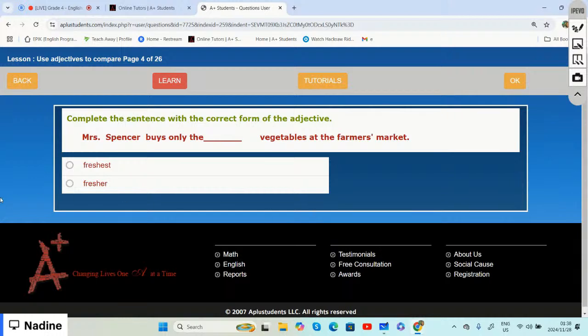All right. And the next one says, Mr. Spencer buys only the freshest vegetables at the farmer's market, or Mr. Spencer buys only the fresher vegetables at the farmer's market. Which one is correct? Fresher or freshest?